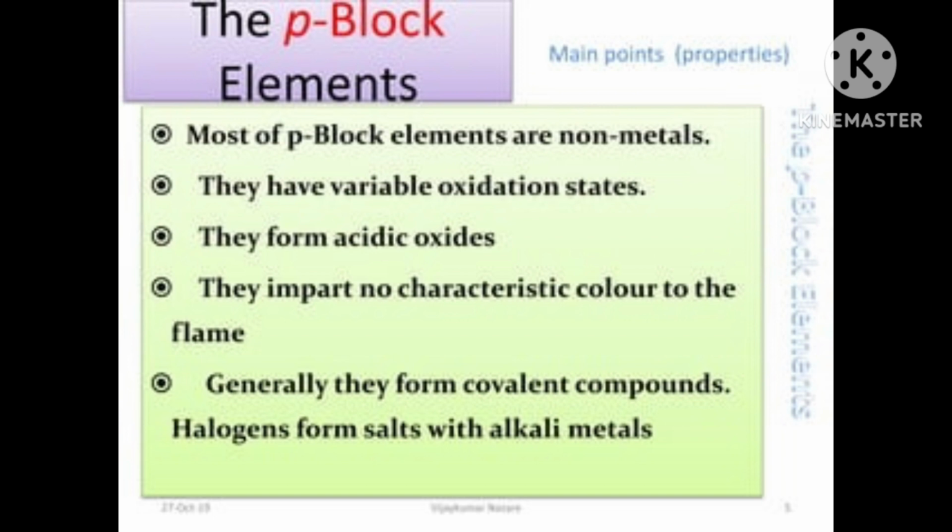In every group of the p block elements, the elements at the bottom are metals, or you can say most metallic in nature. This change from non-metallic to metallic character brings diversity in the chemistry of these elements depending on the group to which they belong.